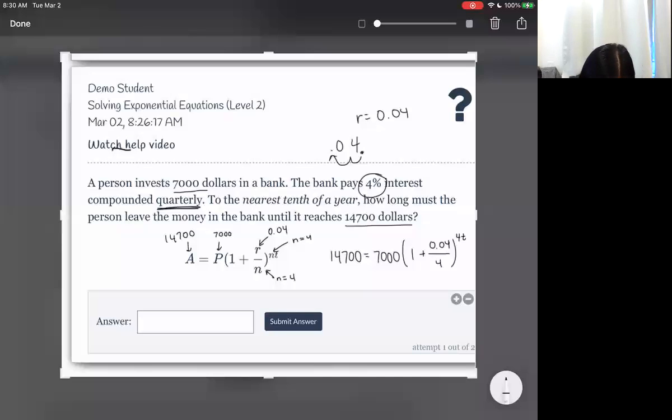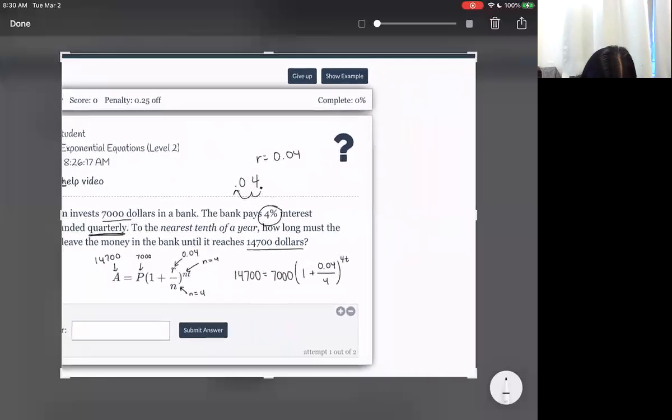Okay, so let me zoom out and move to the side a bit, just so I have more space. We're going to simplify the part that's inside here. So literally just, what is 1 plus 0.04 over 4? So on my calculator, what is 0.04 divided by 4? 0.01.